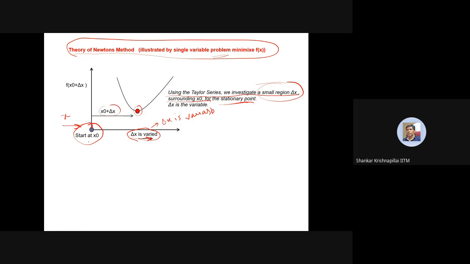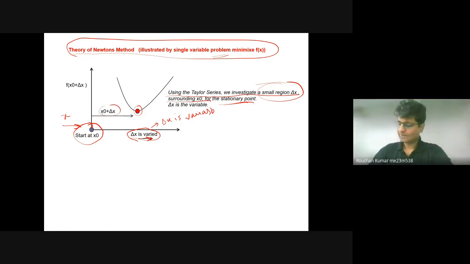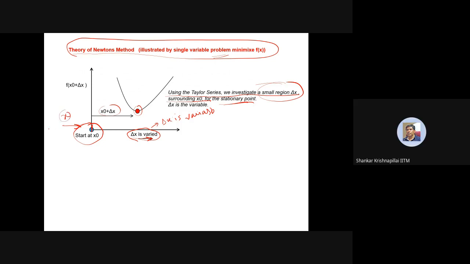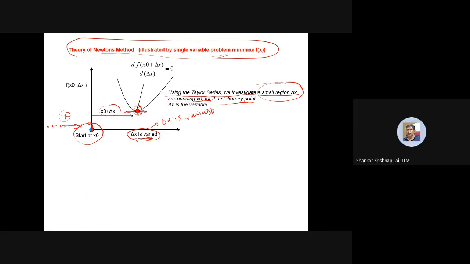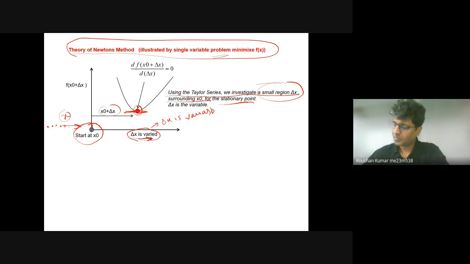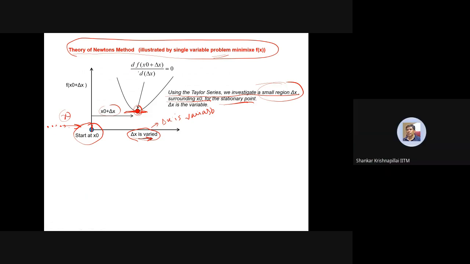So the absolute value of the coordinate is x naught plus delta x, because the x coordinates start from here, but the relative value is delta x. At this point where the slope is equal to 0, we can write d of f of x naught plus delta x by d of delta x is equal to 0. That is, the rate of change of this objective function with respect to delta x is equal to 0.